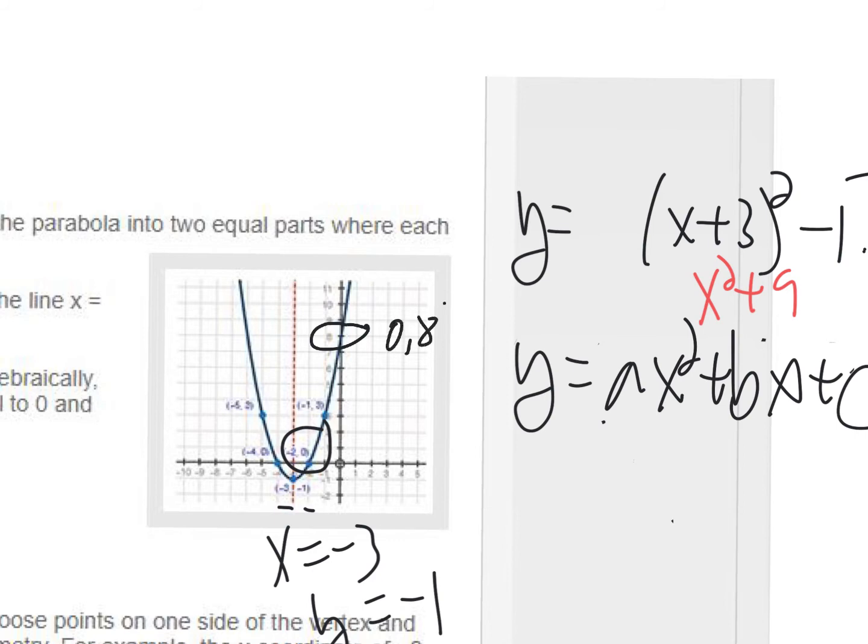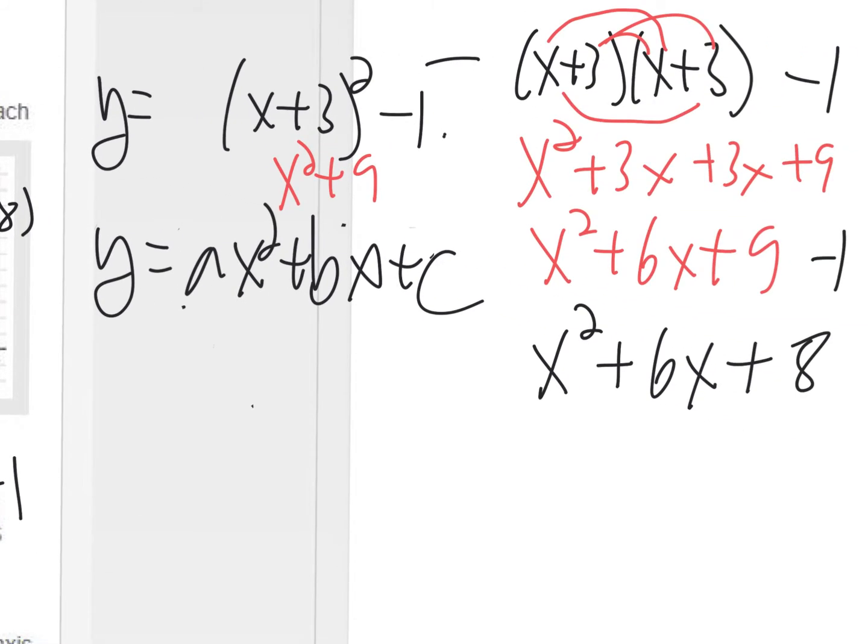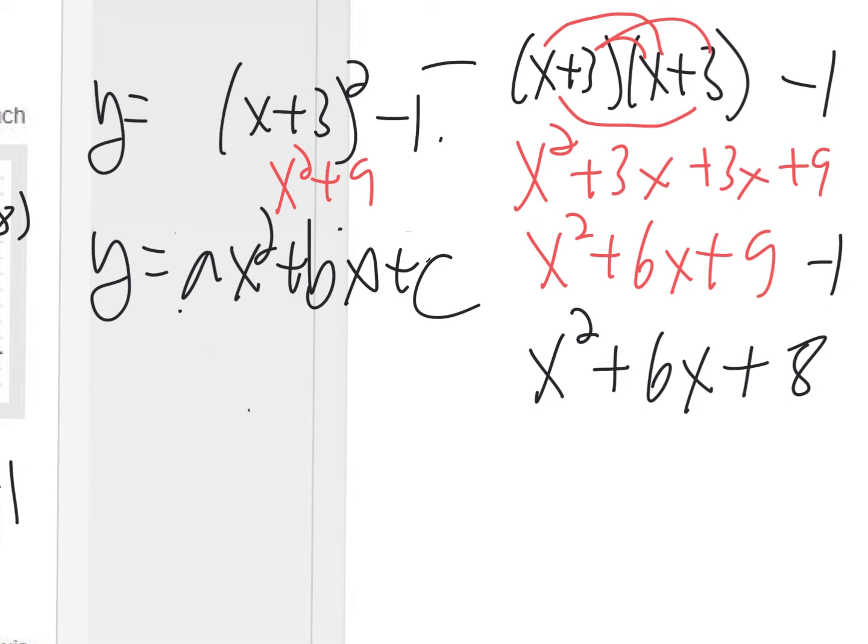So I think it crosses at 0, 8. We can do it a couple of ways. Since I've already got this equation in standard form, here's f of x or y, right? Can't I just find what f of 0 is? Because that's where x equals 0, the y value will be the y-intercept.